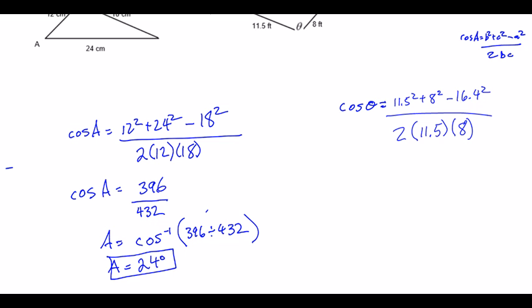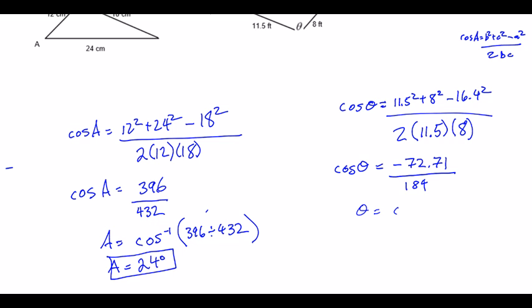Expanding the top part of that fraction, we're going to get the top portion to be negative 72.71, and now we'll calculate the bottom. And we end up with 184 for the bottom. To find the angle theta, all you're going to do is the final step.